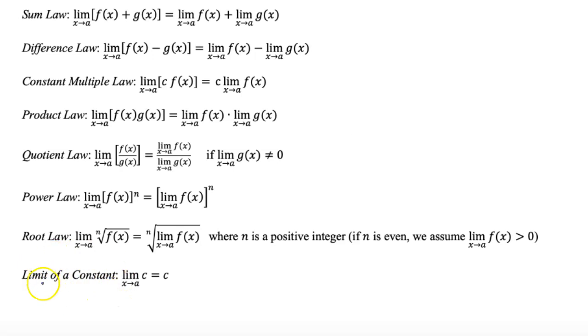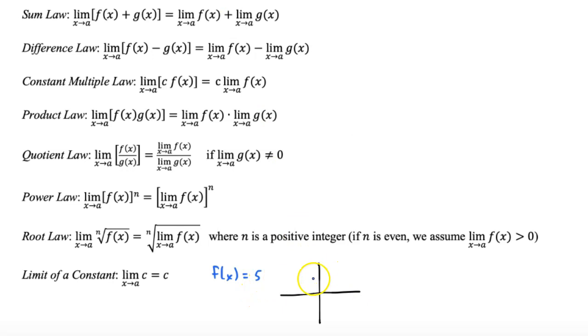And finally, the limit of a constant just states that the limit as x approaches a of any constant is just that constant. So I want to talk about this last one really quickly. What this means is that, let's say I have a function f of x is equal to 5. Let me graph this function.